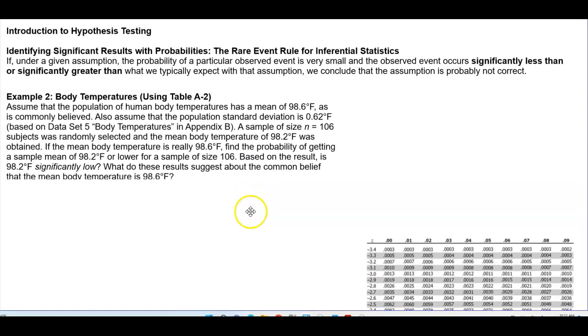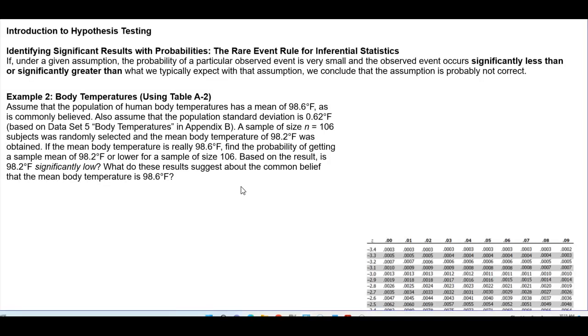Now, assume that the population of human body temperatures has a mean of 98.6 degrees Fahrenheit, as commonly believed. Also assume that the population standard deviation is 0.62 degrees Fahrenheit, based on data set 5, body temperatures in Appendix B. A sample of size n equals 106 subjects was randomly selected, and the mean body temperature of 98.2 degrees Fahrenheit was obtained.